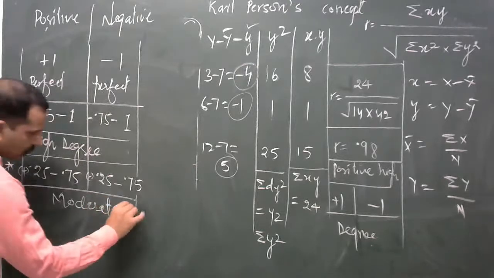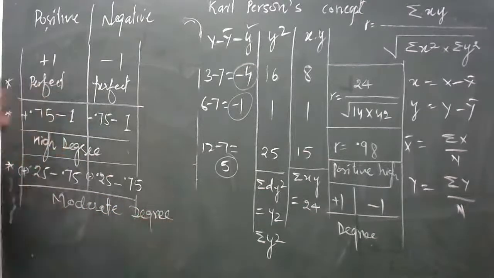Moderate degree correlation between the two variables.